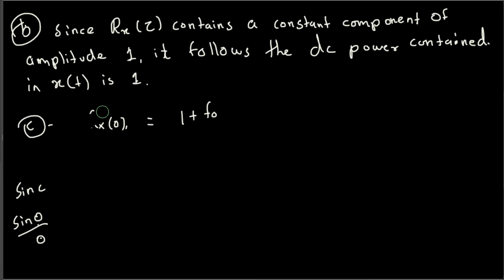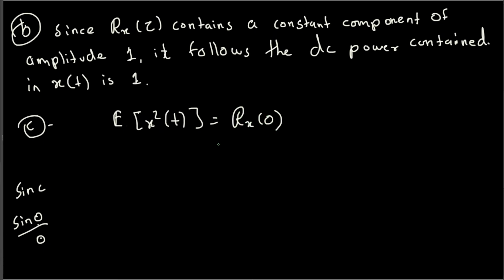Okay, let's write in a different way. We can also mention x square of t is equal to Rx of 0. That will have 1 plus f naught, and 1 is the DC component, whatever left is the AC component. So here f naught is the AC component.